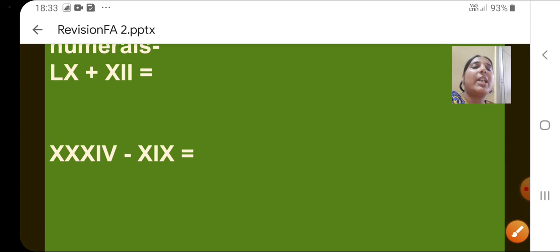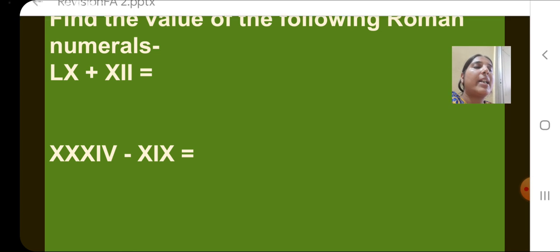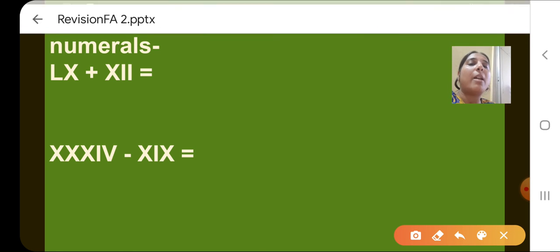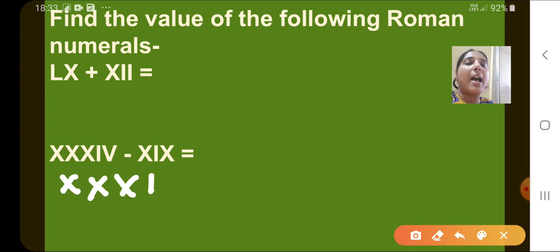The next question is XXXIV minus XIX. Now you have to subtract. So first let's convert the value of the first number which has been given, the minuend. So there XXXIV. So there you can see 3 times X is there. It means 3 times X means 30.